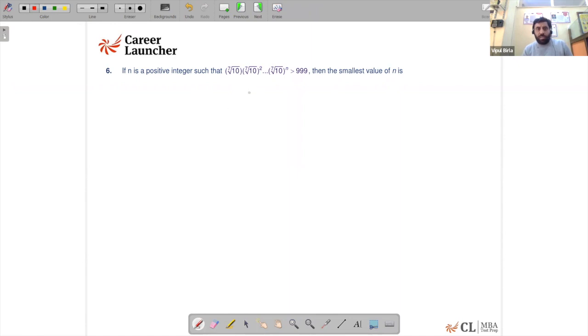Okay, so let's say 7th root of 10 can be rewritten as 10 to the power 1 by 7. Next term will be 10 to the power 1 by 7 whole to the power 2, and so on so forth. The last term is going to be 10 to the power 1 by 7 whole to the power n, and I want that value to be greater than 999, and it is given that n is a positive integer.